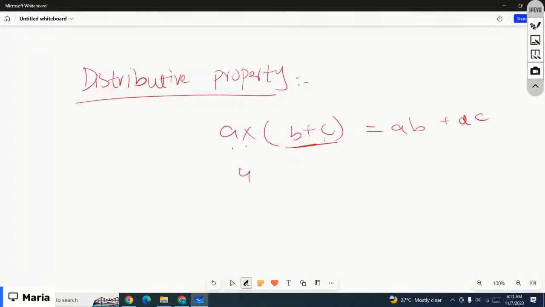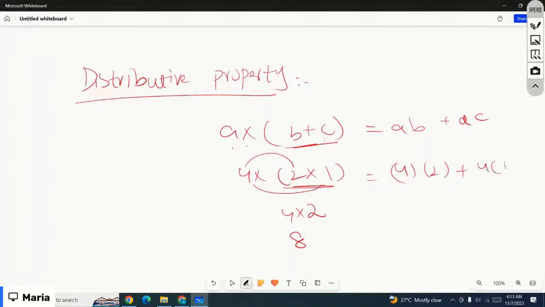For example, you have 4 times (2 plus 1), right? So when you solve this side, 2 plus 1 is 3, and 4 times 3 is 12. When you do the other side, you have to do 4 times 2 is 8, plus 4 times 1 is 4, and you have to add 8 plus 4, which is 12.